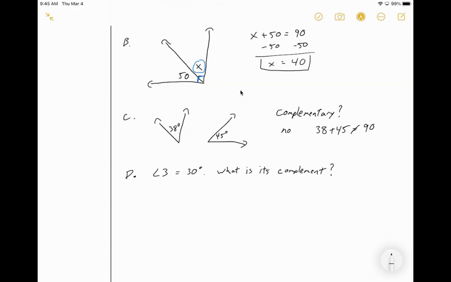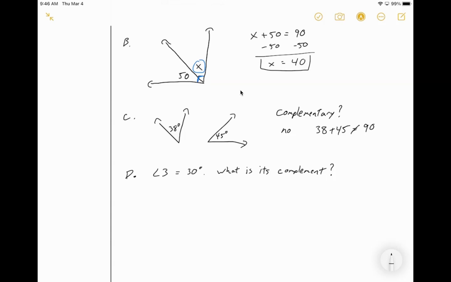What angle would be complementary to angle 3 here? How much more do I need? It's kind of the same question, but in word form. So think about it. What is its complement? What angle measure do I need to be complementary with this angle, angle 3, or whatever angle I say.